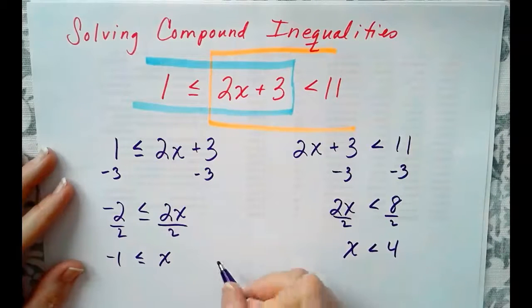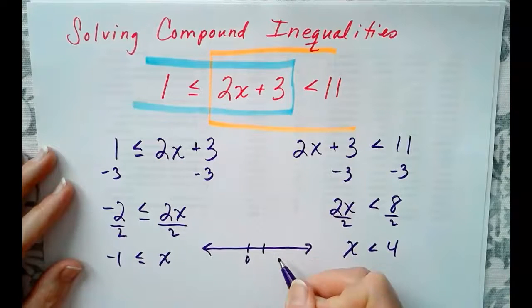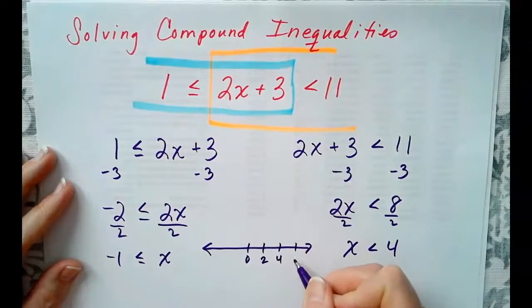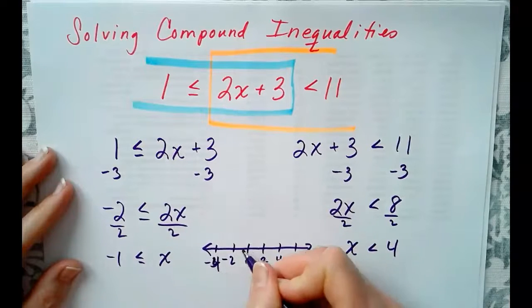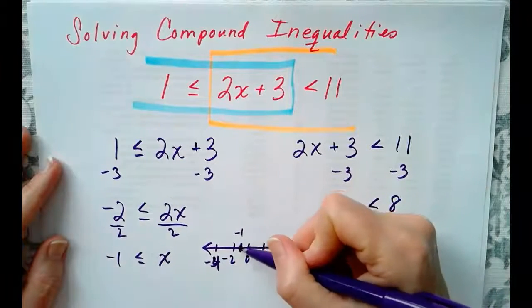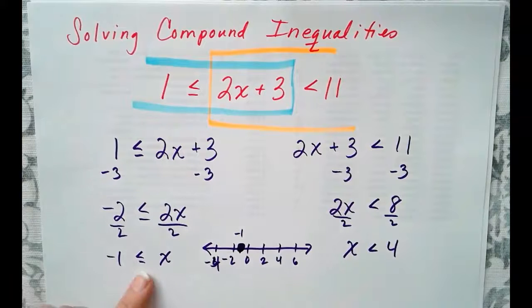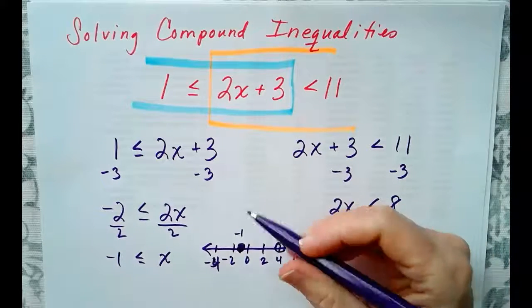So this is going to be a conjunction of sets when we put this on the number line, and we'll also give our answer in interval notation. So here's 1, 2, 4, 6, negative 2, negative 4. So that means negative 1 is going to be about right there. This would be a closed circle on negative 1 because our answers are greater than or equal to negative 1, and our answers are strictly less than 4.